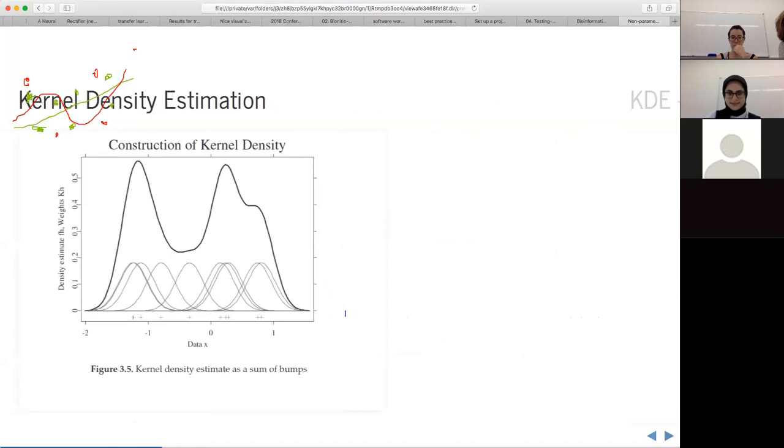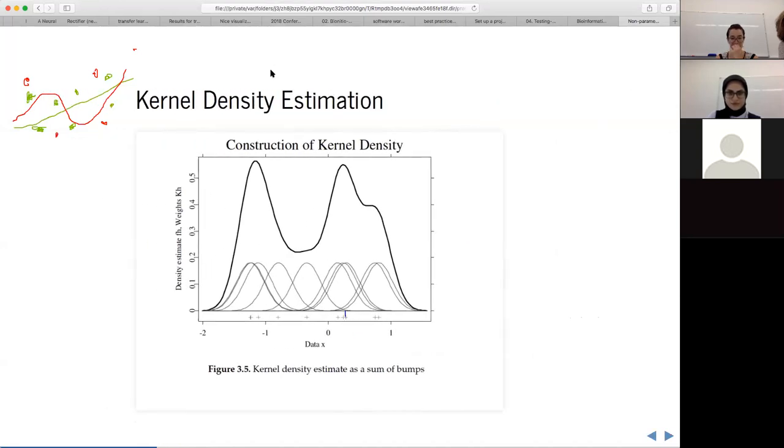So it says, is this point between -1 and 1? Yes. Then assign this half, which is here, right?